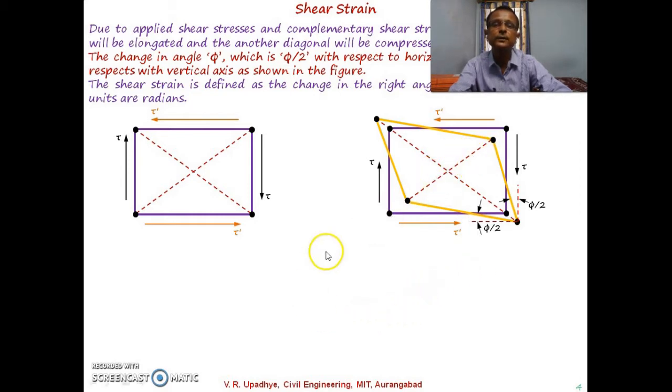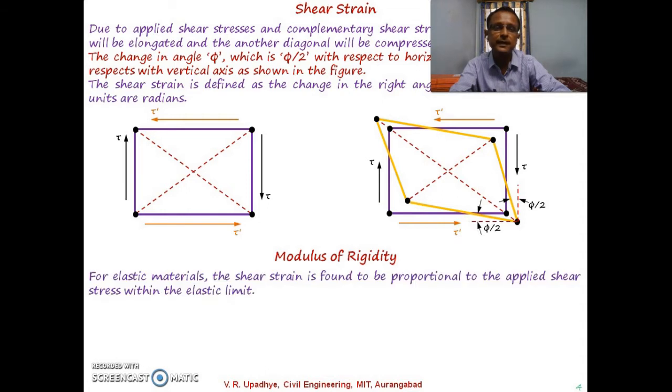Due to the elongation and compression of different diagonals, the angle changes. With the horizontal it is phi by 2, and with the vertical it is phi by 2, and together this phi is called shear strain. The unit for shear strain is radians. So this discussion we did in the last lecture.